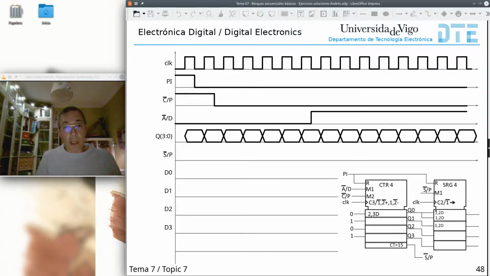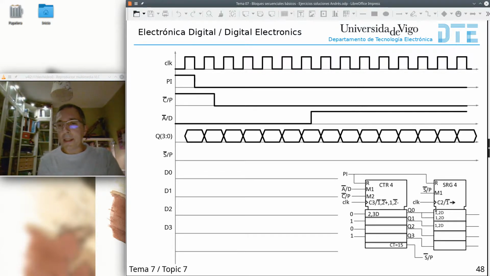For the input signals, we have a clock. The clock is the same for both the counter and the shift register. We have a PI signal, that is poner inicialmente in Spanish, so that will be the reset signal, so it's active at the beginning. Then there's a signal that makes counting or loading in parallel for the counter.